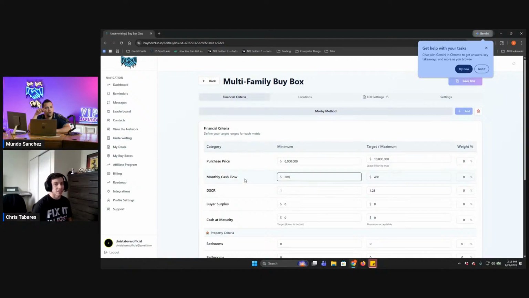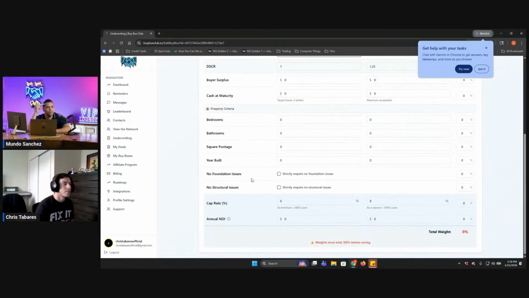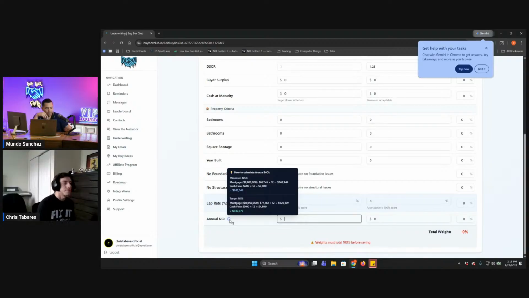So if you scroll all the way down to the bottom and you see that NOI, click on that info button right there, and it gives you some helpful calculations. There we go. On what you would expect for cash flow and NOI. Got it.